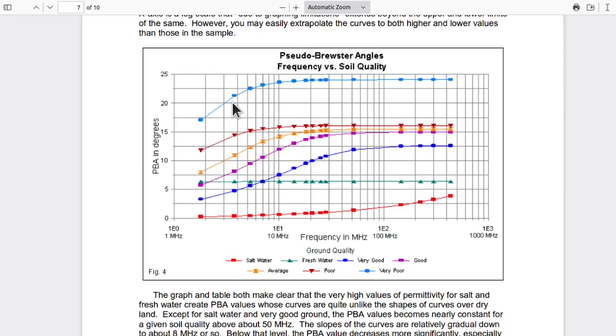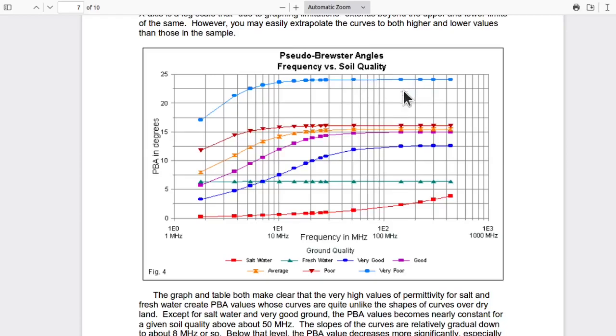If we were talking about 20 meters, poor ground is going to have something under a 25 degree Brewster angle. So that's the highest, and that's the poorest takeoff angle, but it's available to you. Typically, the better numbers are going to be up higher here at 35 degree takeoff angles.